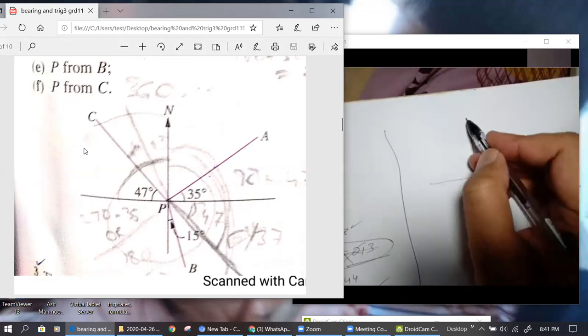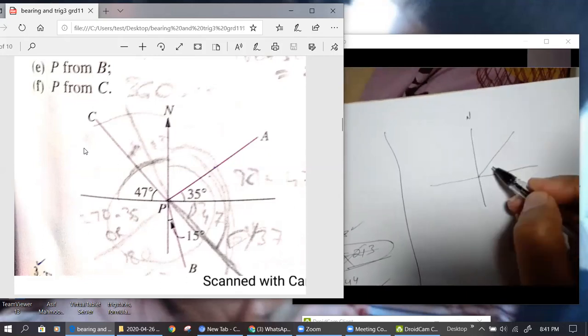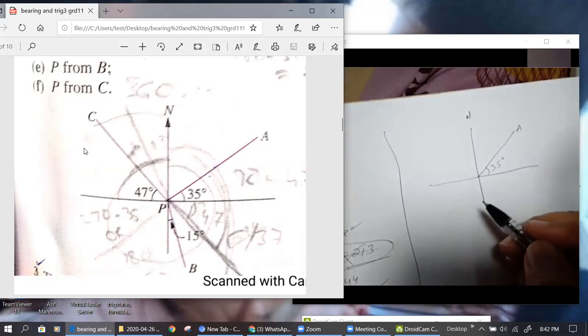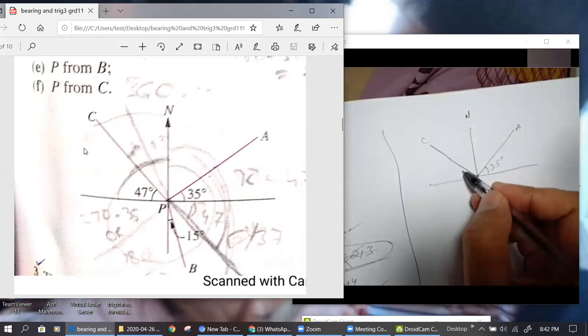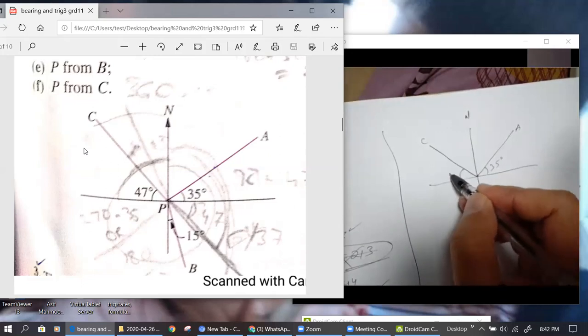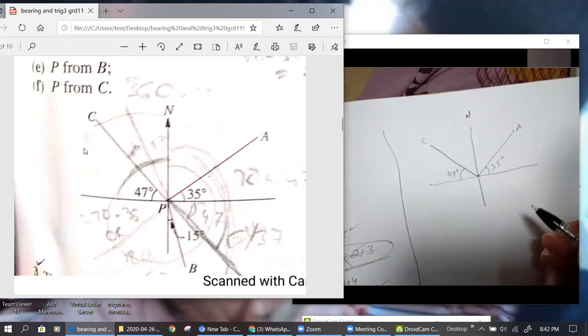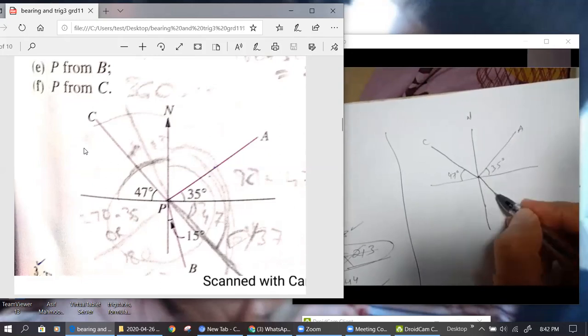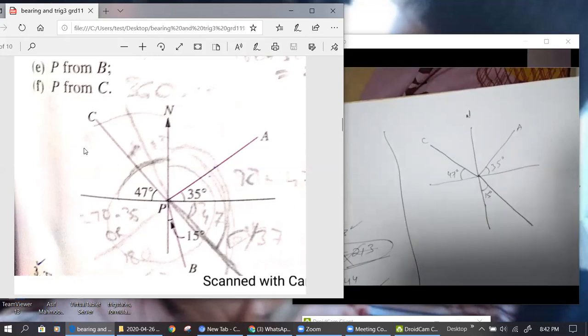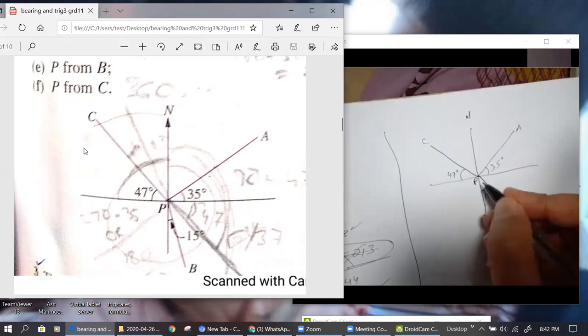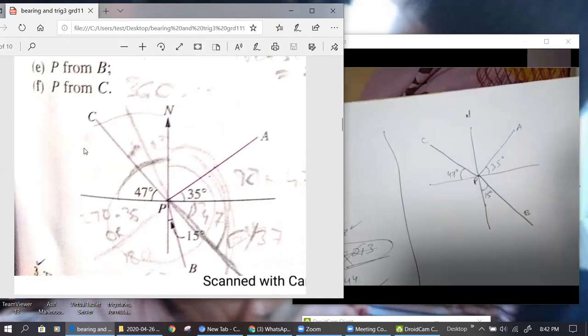A is given over here, then C is given over here, and the angle with the x-axis is 47 degrees. One more thing is given here, this 15. Only these things are given. This is B, and the pole is P. P is the middle point. That's the pole, right?